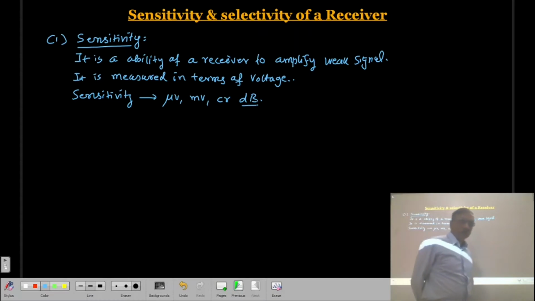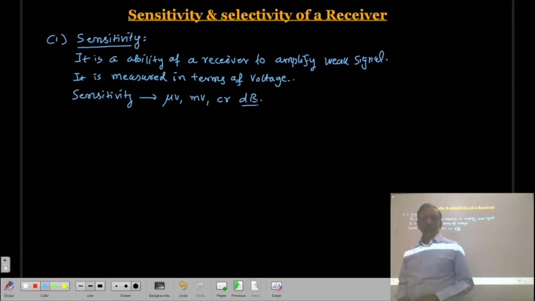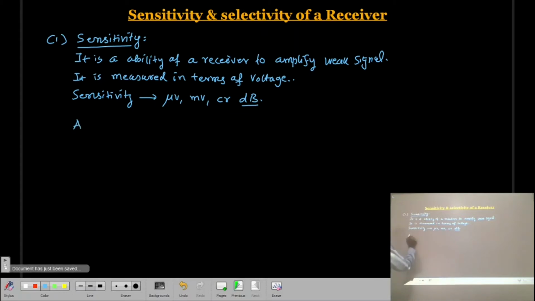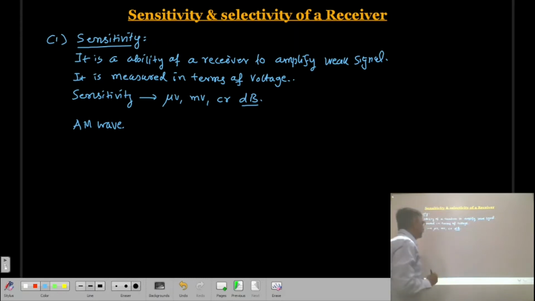Okay? So now let us see what is the standard definition for measuring the sensitivity. Whenever you want to measure the sensitivity, then at the input of the radio receiver, we have to apply an amplitude modulated wave. Now remember, this amplitude modulated wave should be 30% modulated.